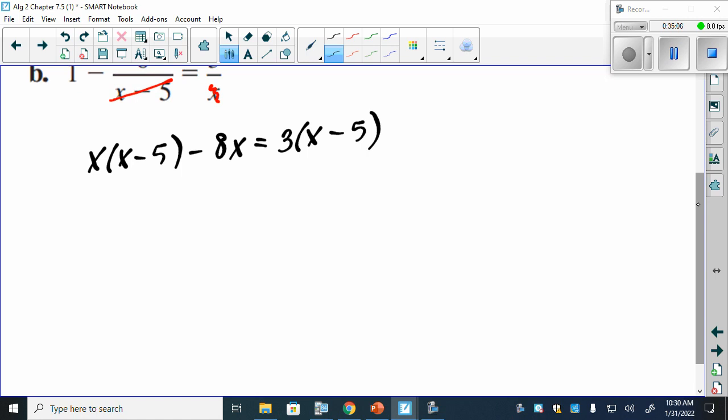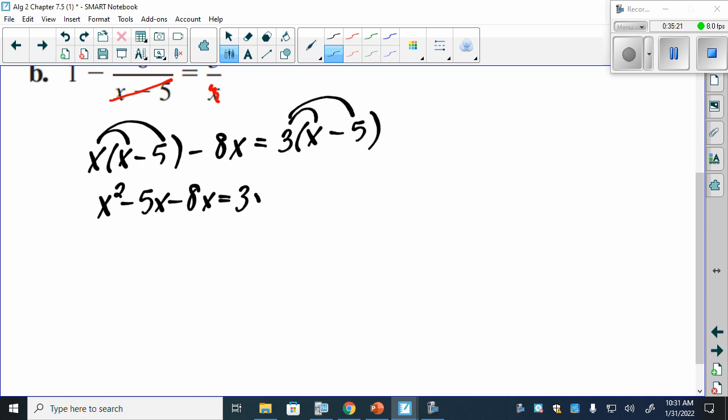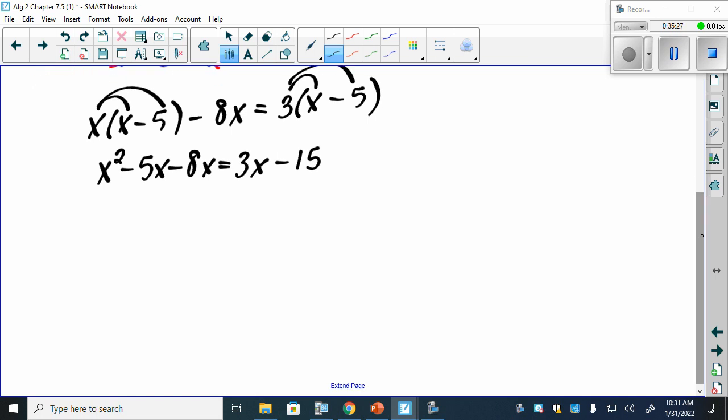So let's go on and start distributing so we get rid of these parentheses. x times x is x squared, x times negative 5 is negative 5x, minus 8x is equal to 3 times x is 3x, minus 15. Well, this one here is different than the previous because we actually have an x to the power of 2.